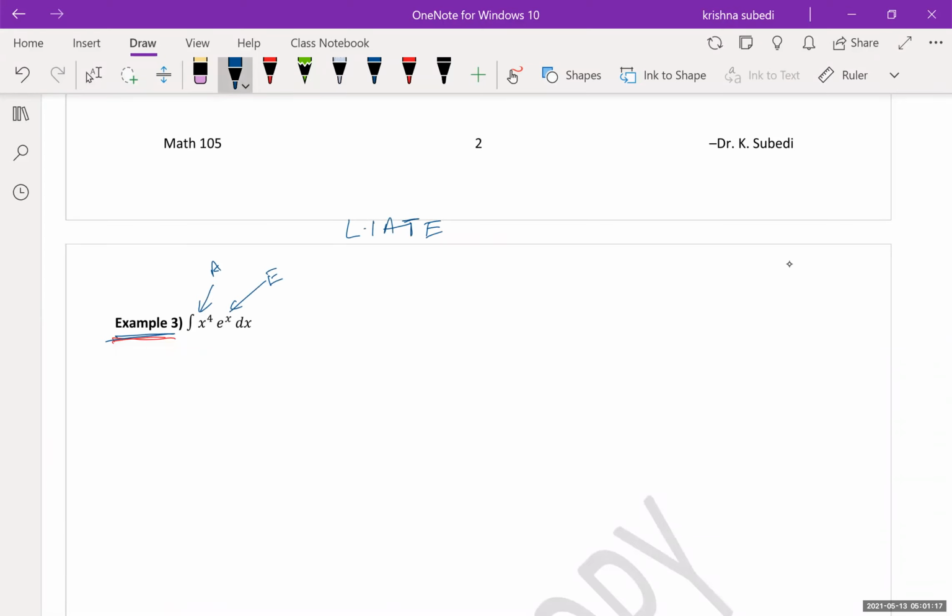So which one comes first, A or E? Of course, A comes first in that rule. A comes before E. So this will be our u. So in this case, let u equal x to the power 4. The remaining will be dv. So dv is e to the x dx.